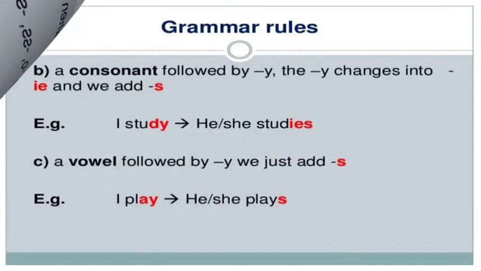Now the next rule is this: if there is y at the end of the verb, in such a case what should we add at the end? S, es or what? If there is a consonant before y, for example study, at the end there is y, but before y there is d, which is a consonant.